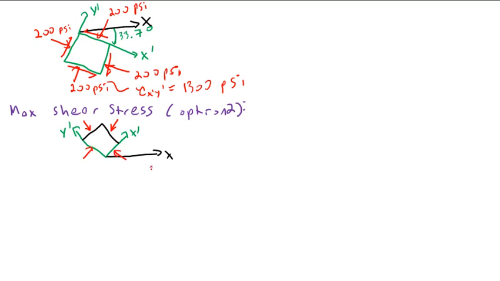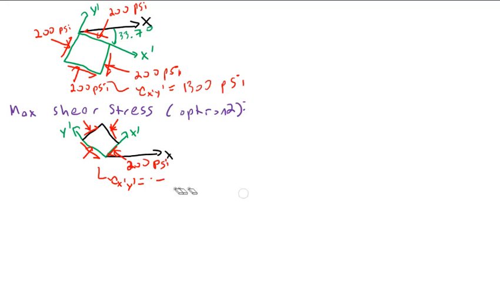So the normal stress is again all going to be 200 psi in compression. And this is basically the same block. It's going to be negative shear stress. And this is tau x prime y prime, again, it equals 1300 here.